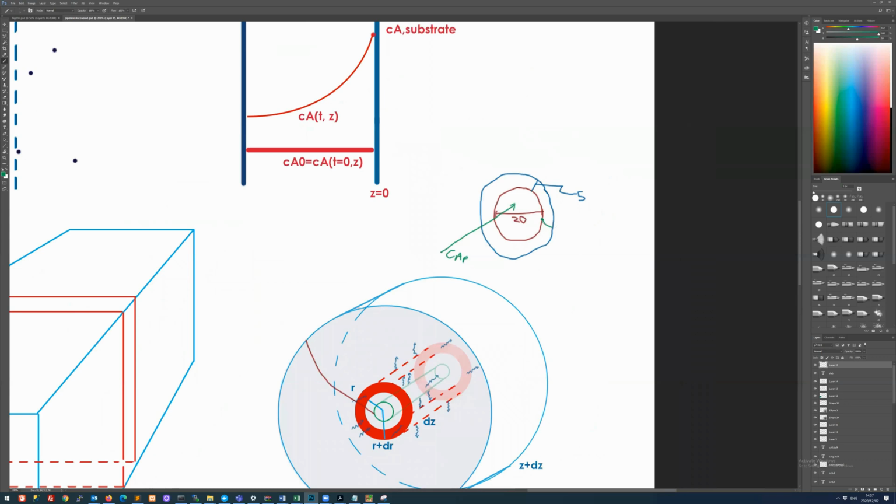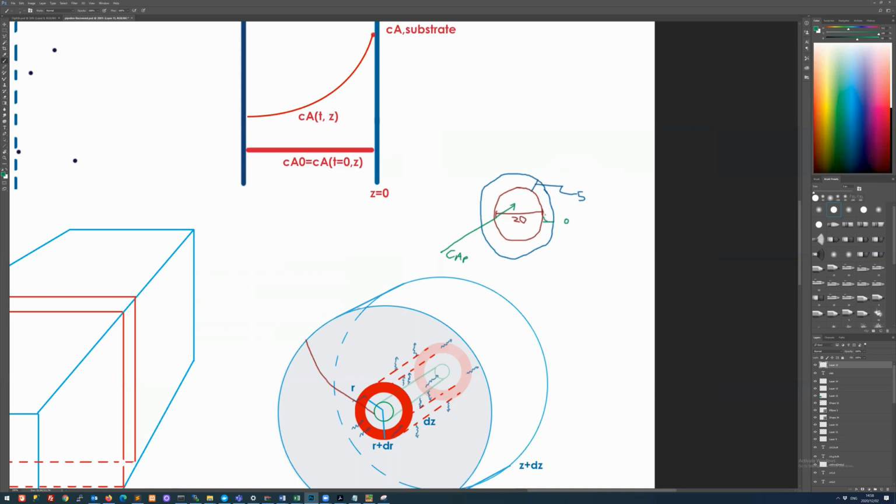And in fact, a useful thing to do is to sketch out what we expect to happen over time. So let's redraw this. Initially there's none of A. Let's say this was the 0 concentration value. After some time passes, some of A will have diffused into the polymer, so it might be like that.